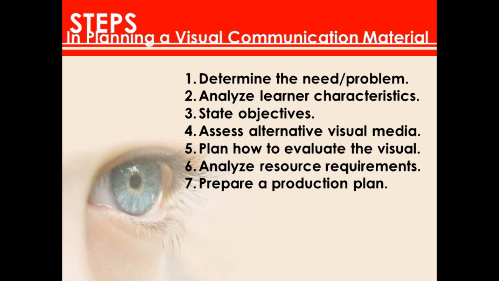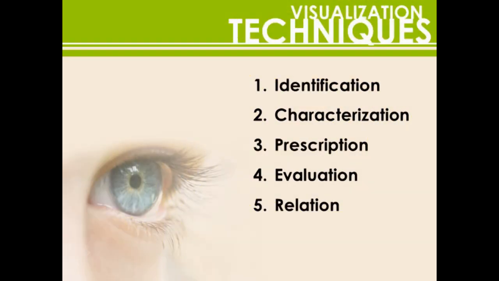Finally, we prepare our production plan. The production plan includes the budget requirements, work schedule, and work assignments. The last part of this lesson will discuss the 5 visualization techniques. These techniques can guide you in selecting the best and most appropriate elements to be included in our visual material.